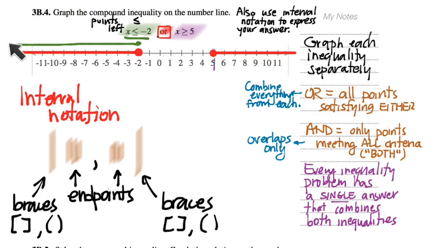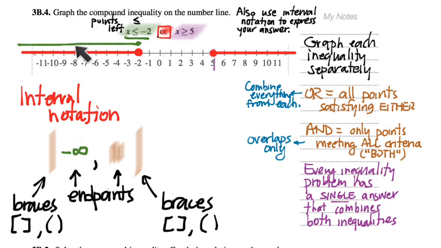How far to the left does this green set go? Green set extends infinitely far to the left on the number line. So we'll use negative infinity as the left-hand endpoint for that set.